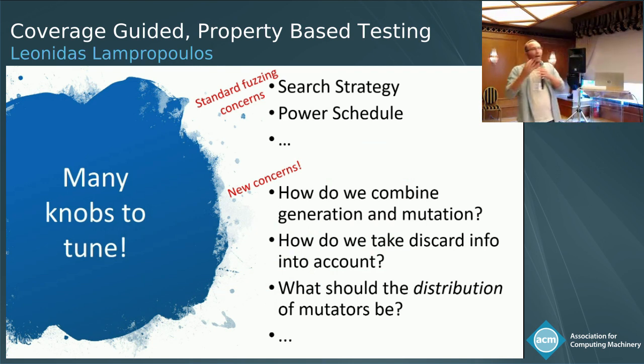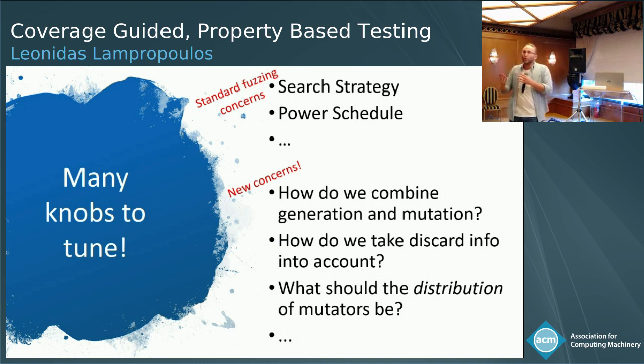For example, standard concerns in fuzzing, like the search strategy, how you pick the next thing to mutate, or the power schedule, how much you mutate each seed, are still valid. And we have even more concerns that are somehow new. How do we combine generation and mutation? When do we pick to generate each one? How do we take discard information into account, like Zest?